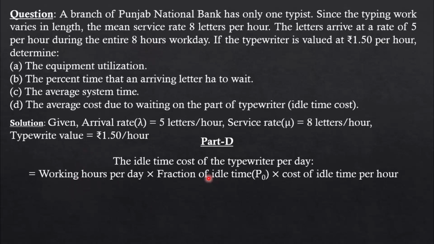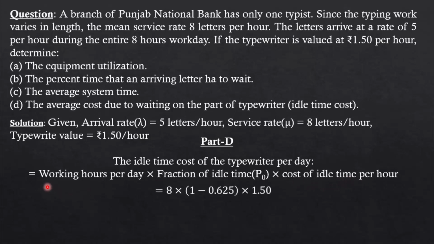Now the fraction of idle time shows the fraction of time in which the server is idle, and we know that the server is idle when there are 0 letters in the system. So we need to find P0 here, which is the probability of having 0 letters in the system, and multiply by the cost of idle time per hour. So we need to calculate the cost of the typewriter in this idle time. So let us find this.